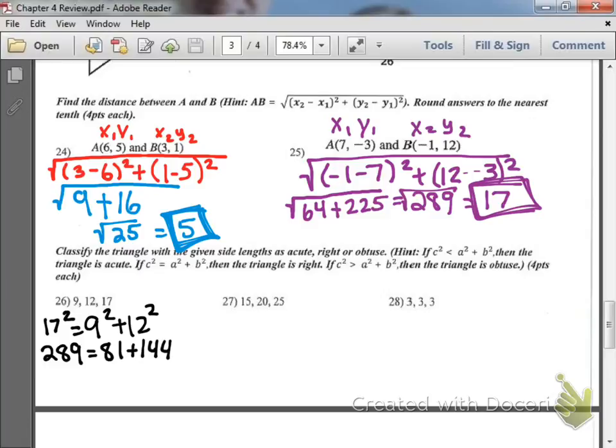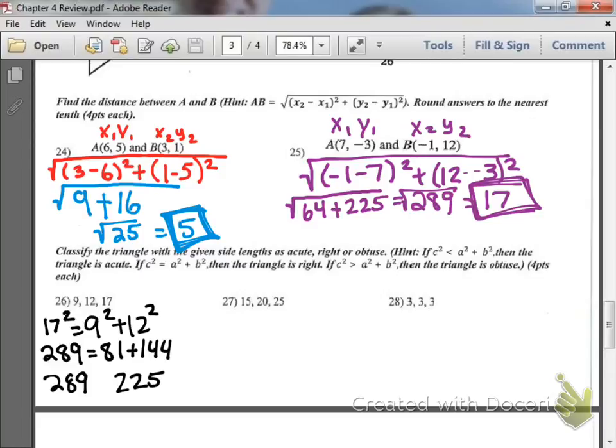Can anyone tell me what 81 plus 144 is? I know they're not equal. 81 plus 144. What is it?